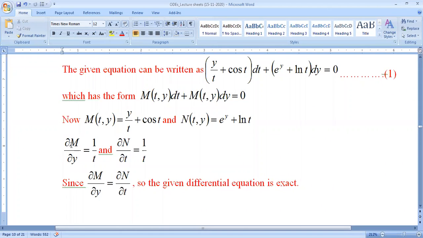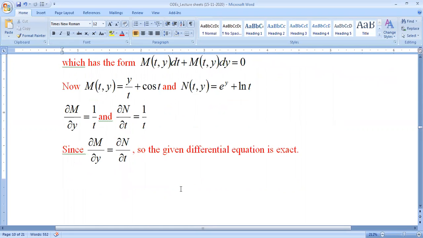So del M del y is just the partial differentiation of M with respect to y, which will be 1 by t, since t is constant. Similarly, the partial differentiation of N with respect to t will be 1 by t. Since del M del y equals del N del t, according to the theorem, the given differential equation is exact.